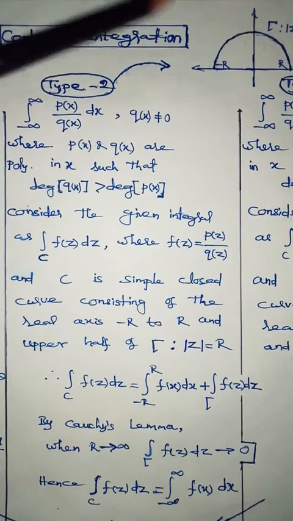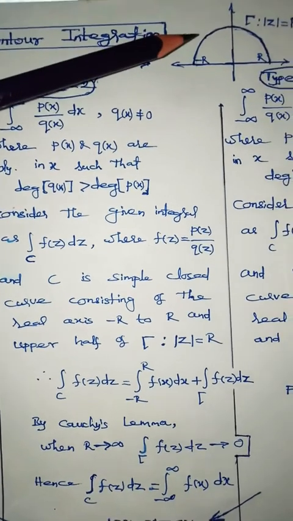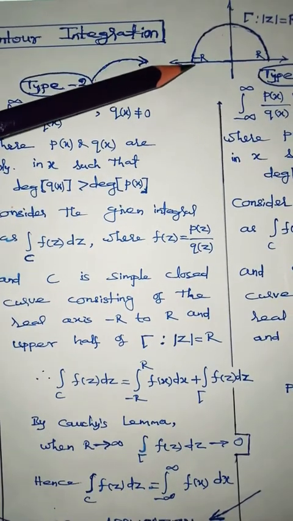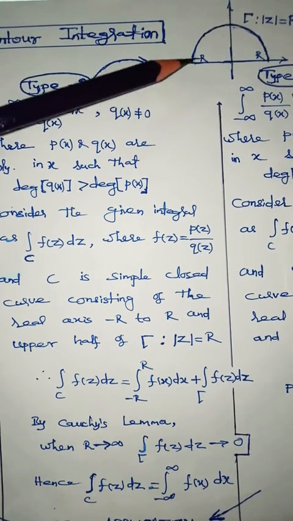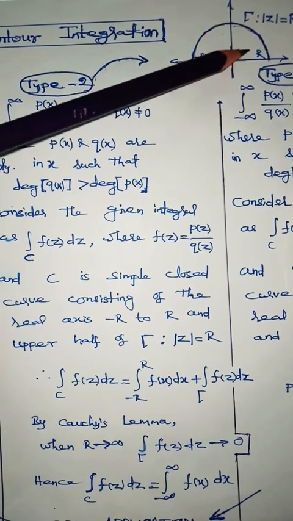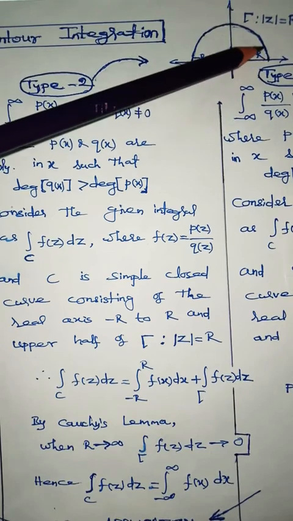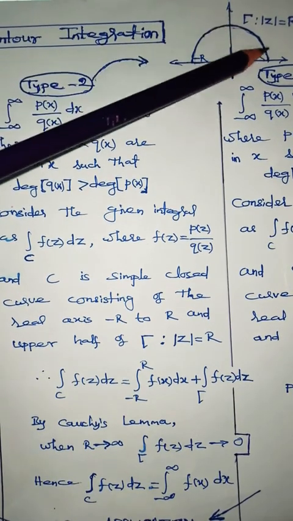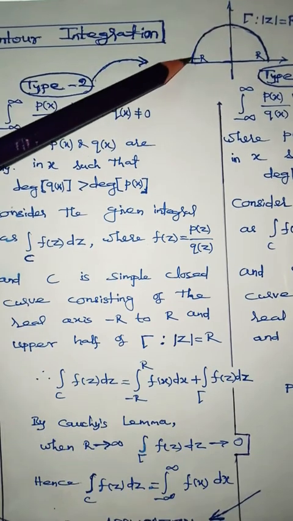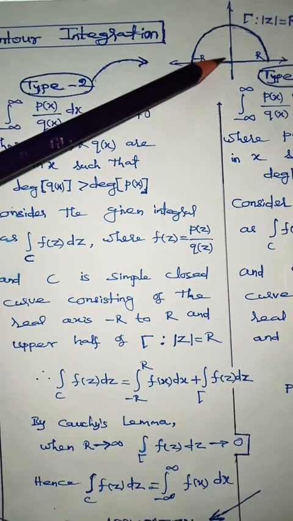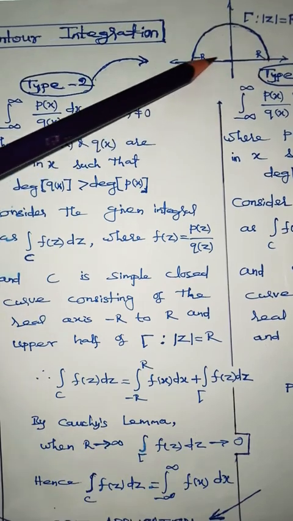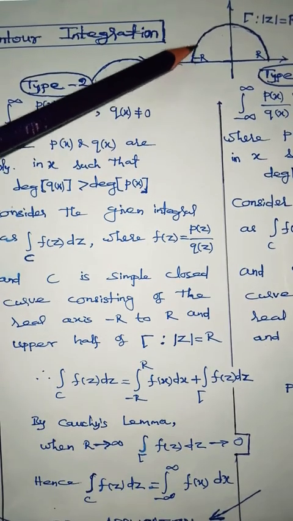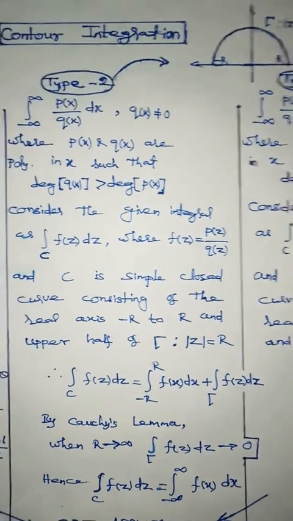Look at this diagram here. What is C? C is nothing but the diameter, the real axis from minus r to plus r, and this arc gamma. It's a semicircle. So C is nothing but this real axis from minus r to plus r and this arc gamma. So now look at this.